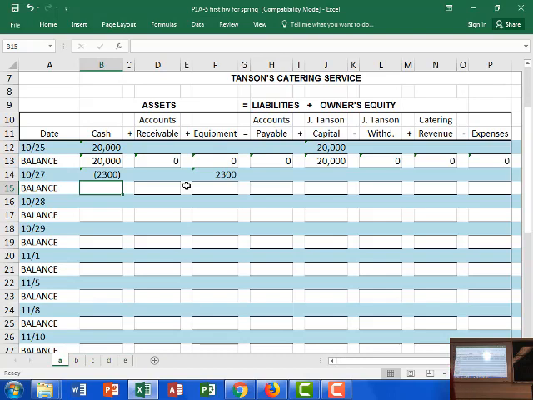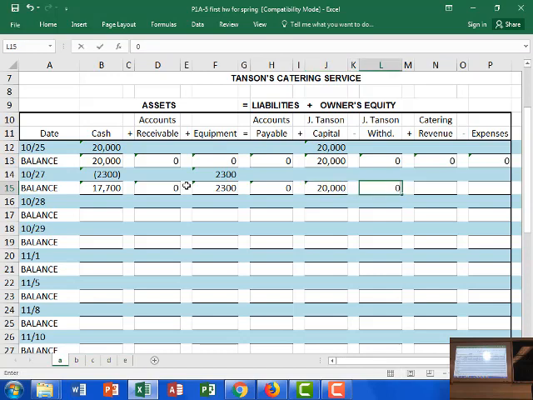That means we now have a balance of what? $18,700? Does everybody agree? Is it 18,700? 17,700. There we go. Nothing happened in accounts receivable. And this stays positive, because we've increased the value of our equipment from $0 to $2,300. Are you with me so far?